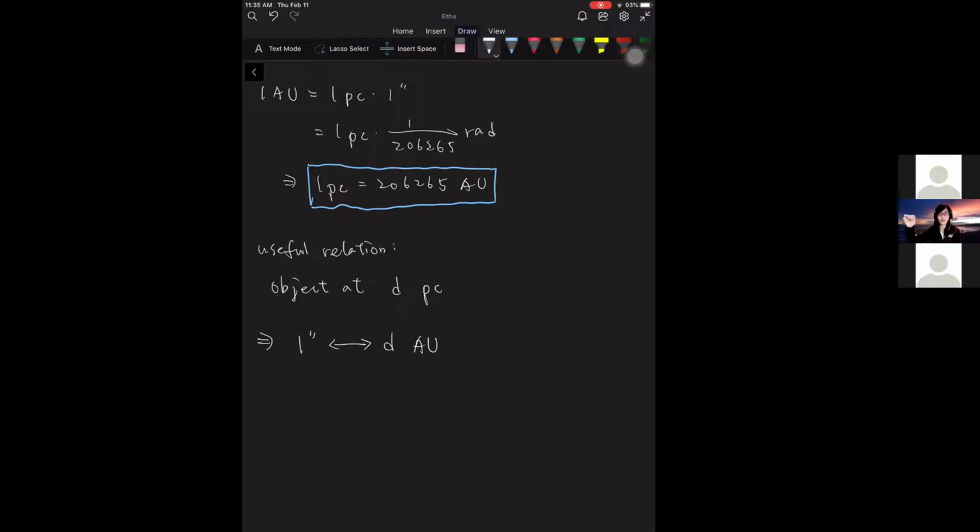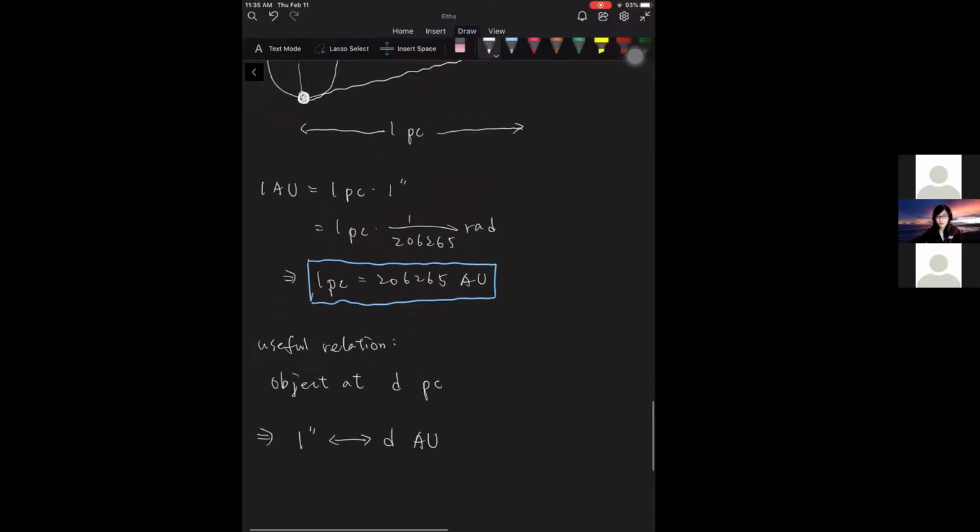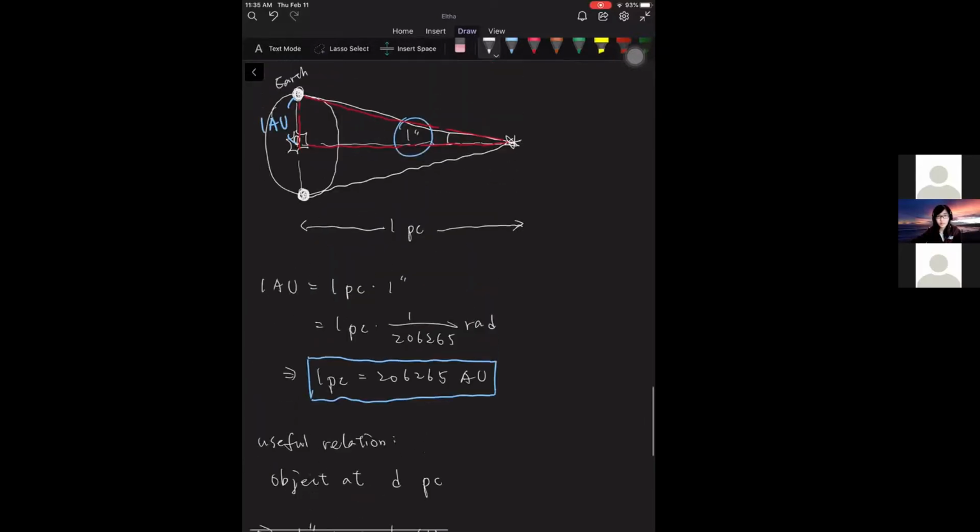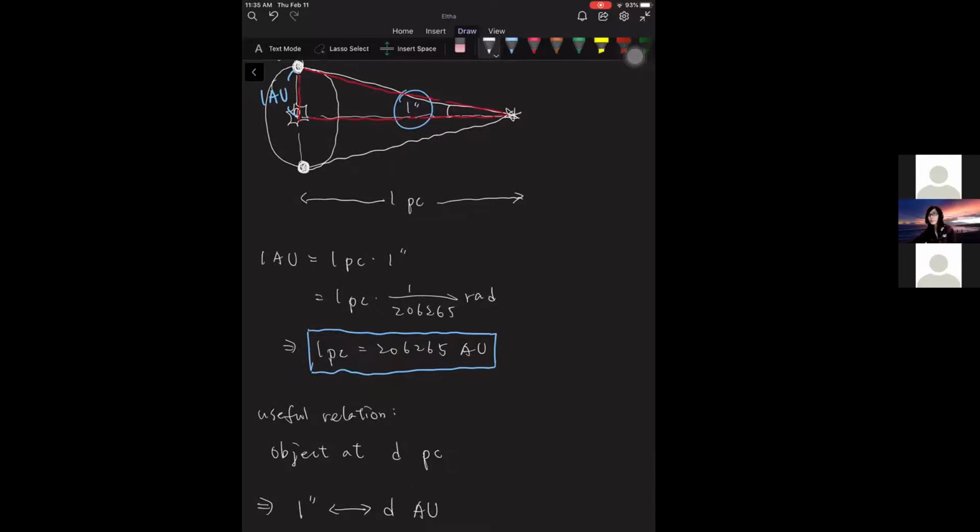So in an image or data cube, the angular resolution is always in the form of angular size, and we want to convert that to physical size for a scientific purpose. All right, so that's all I want to say for the second part. Are there any questions?